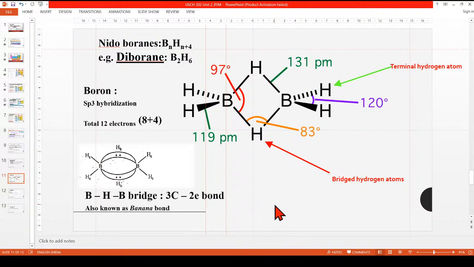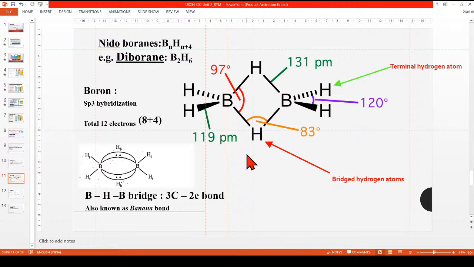Your usual covalent bond is a two center two electron bond. The bond with the terminal hydrogen is a two center two electron bond. Where is this bond? Between boron hydrogen and boron, this bridge bond is a three center two electron bond.